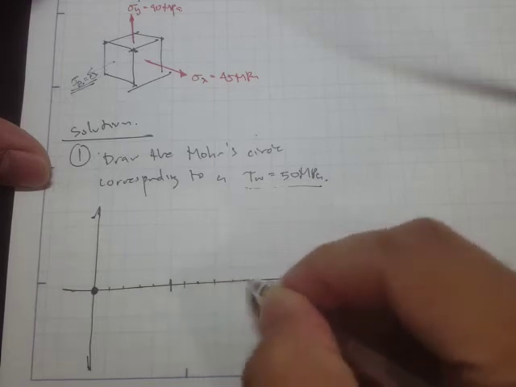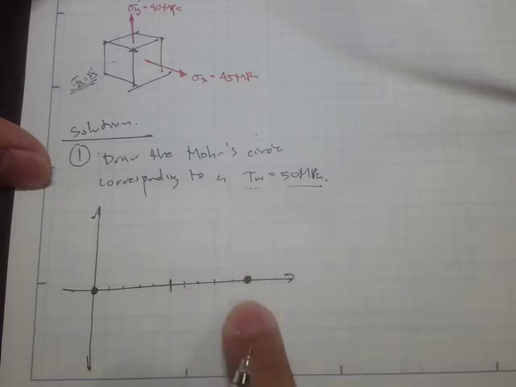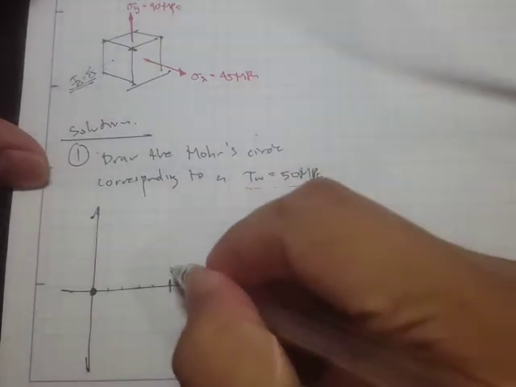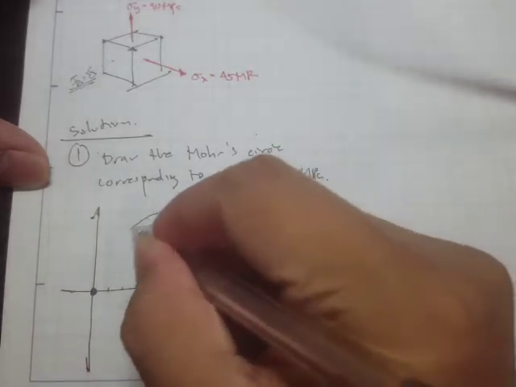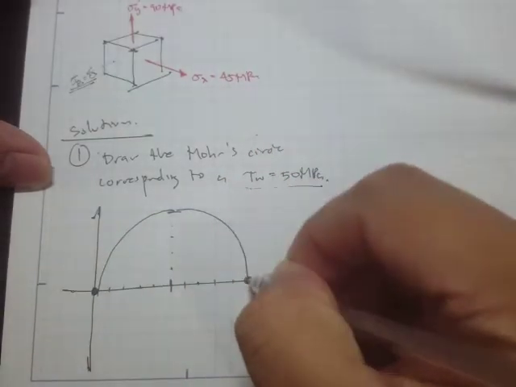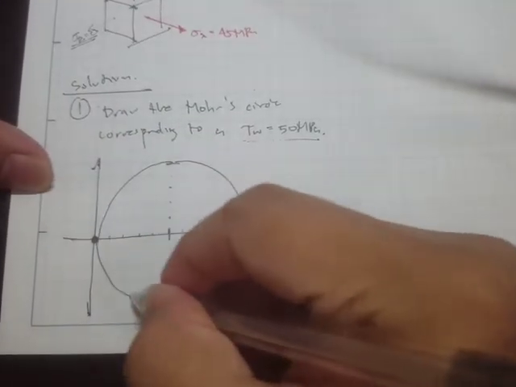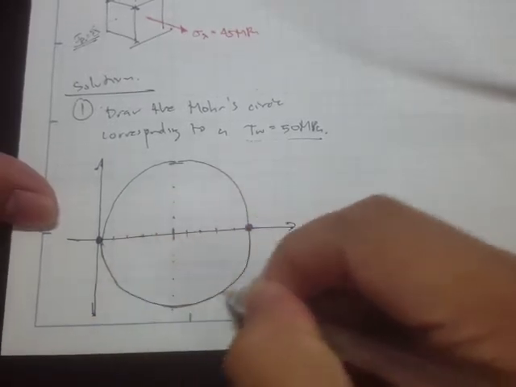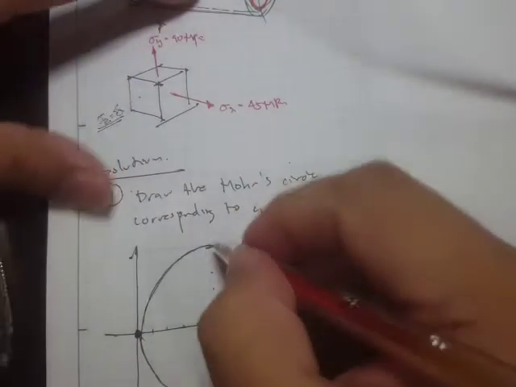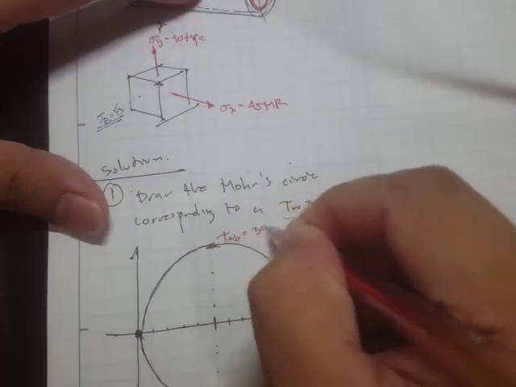Right, so that's going to be one of our principal stresses. So right here, that's going to be our absolute shear, or our allowable, or working shear stress. Okay, so this shear here is absolute, which is equal to 50.